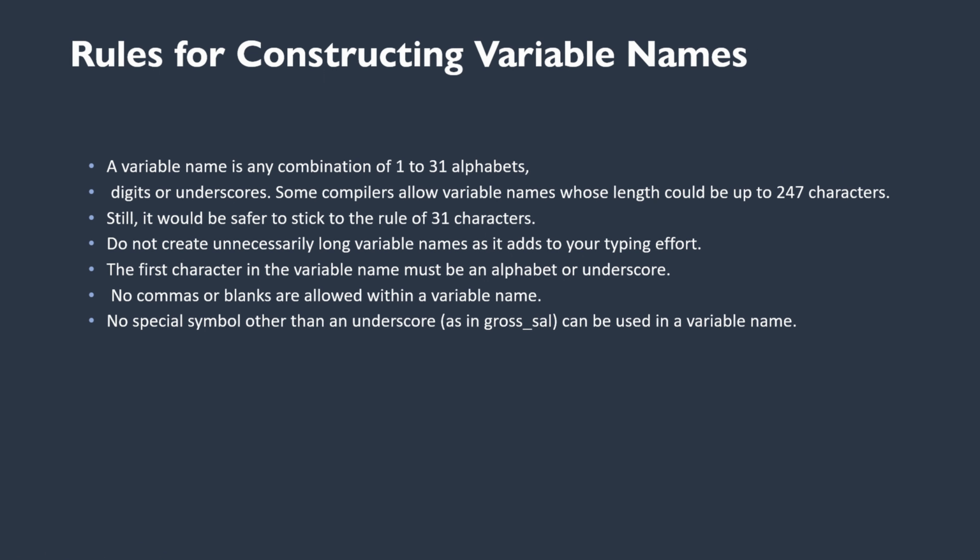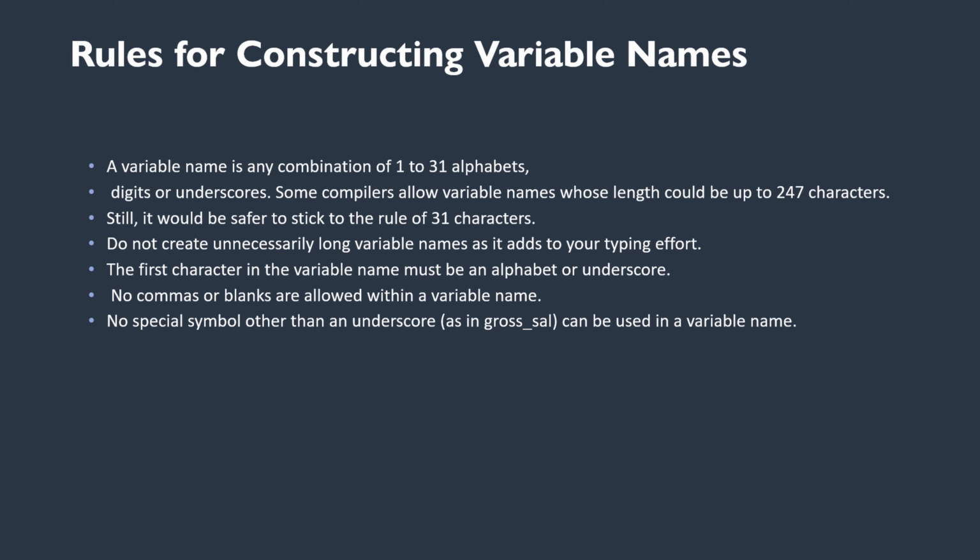So coming to the rules for constructing a variable. A variable name is a combination of 1 to 31 alphabets, digits, or underscores. Some compilers allow variable names up to 247 characters, but we don't actually use them. It is safer to stick to the rule of 31 characters.